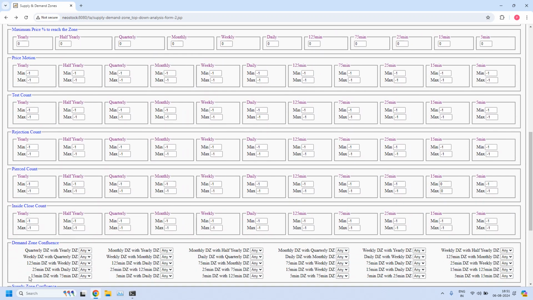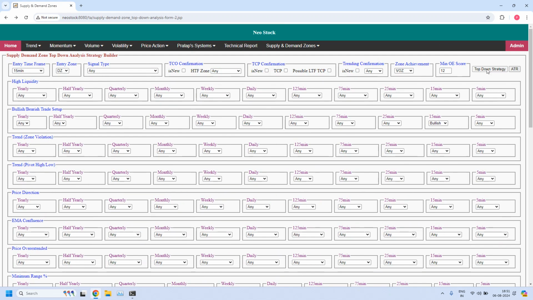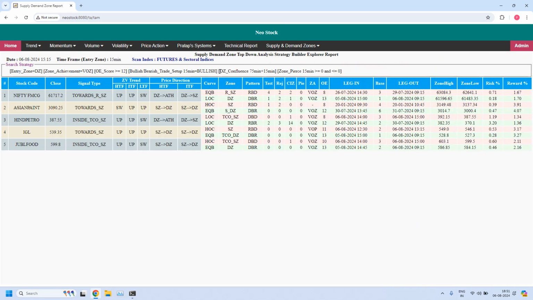So 15 minutes demand zone with 75 minutes demand zone, I am enabling the option yes. Let us check. 75 plus 15 minutes, 5 stocks. All these 5 stocks are having confluence with ITF time frame, that is 75 minutes time frame.